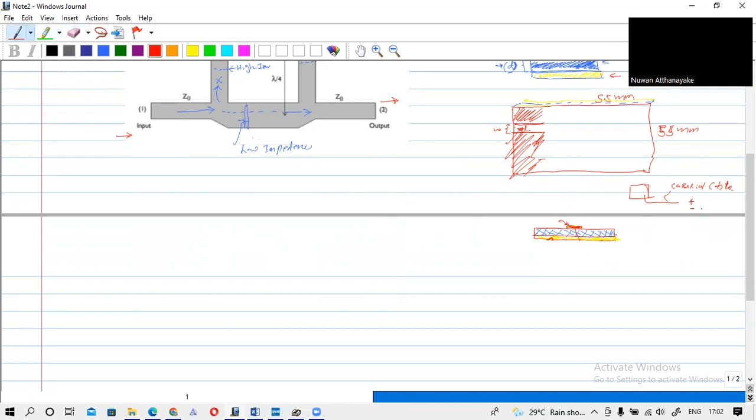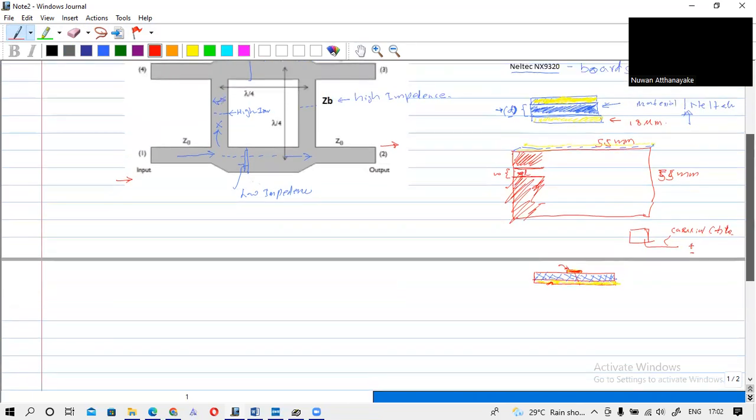Now you can see that we have to implement, that is the practical way, in normal practice, the coupler on this sheet.